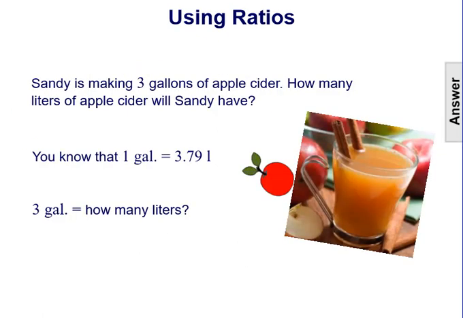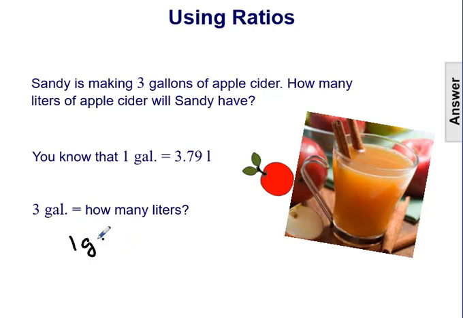A different type of question is like this, where Sandy is making 3 gallons of apple cider. How many liters of apple cider will Sandy have? We're converting from gallons to liters. We know that 1 gallon equals 3.79 liters, and we want to see what 3 gallons would equal.